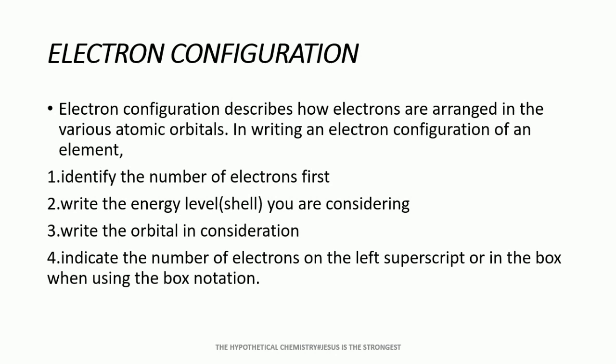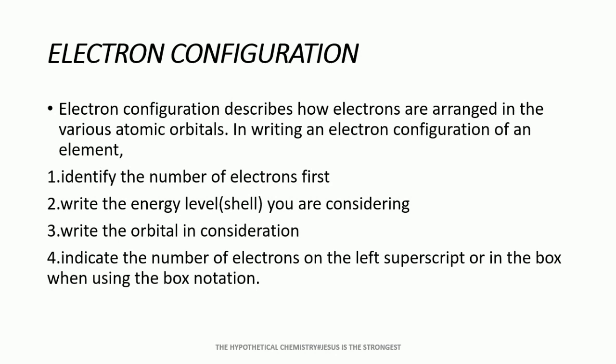So in writing an electron configuration, one has to consider certain things first. First thing you have to do is identify the number of electrons. Why? Because it is these electrons that you are going to distribute or arrange within the various orbitals of that particular atom.